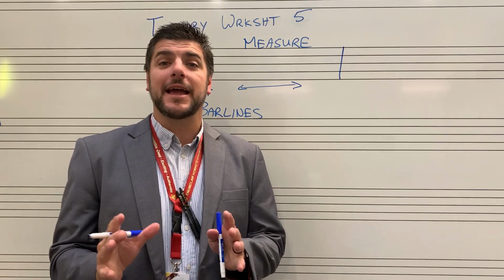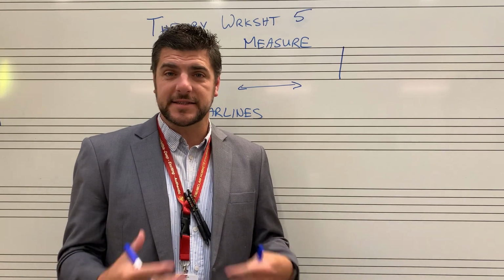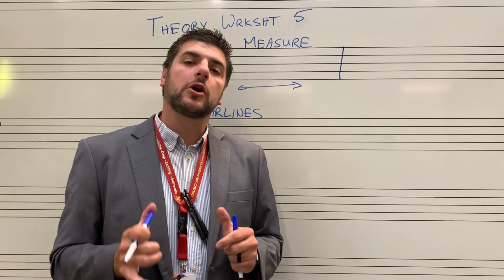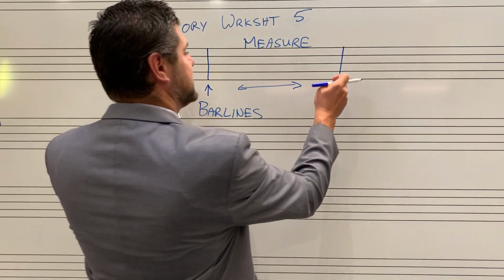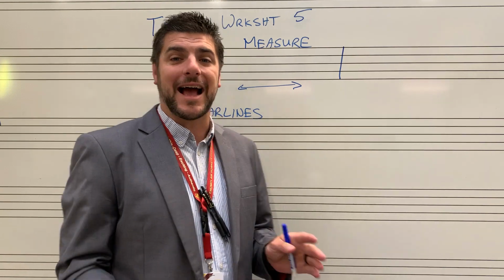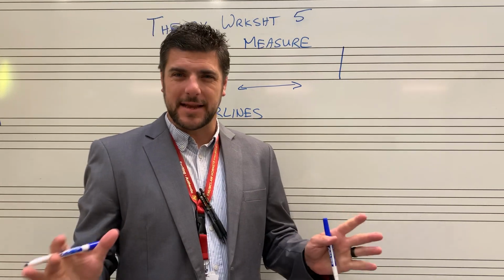These measures can be 2 beats, 3 beats, 4 beats, 5 beats, 8 beats. It doesn't matter. We're going to say anything inside of these bar lines is going to be a measure. You count it as one measure. Okay? Does that make sense?